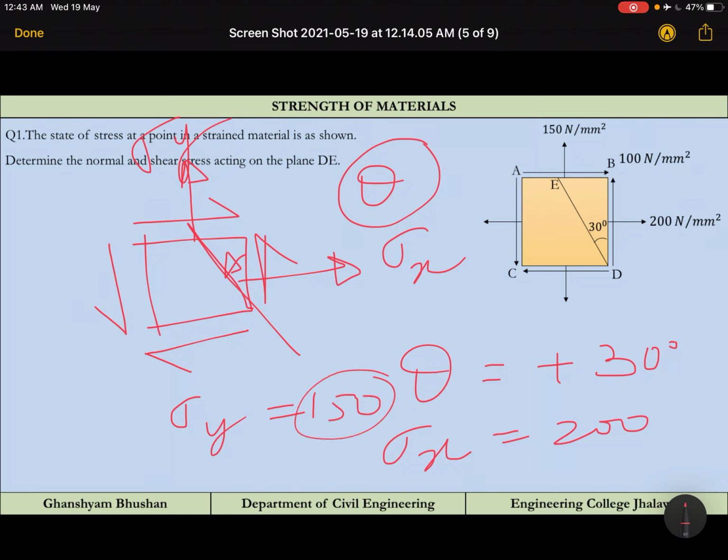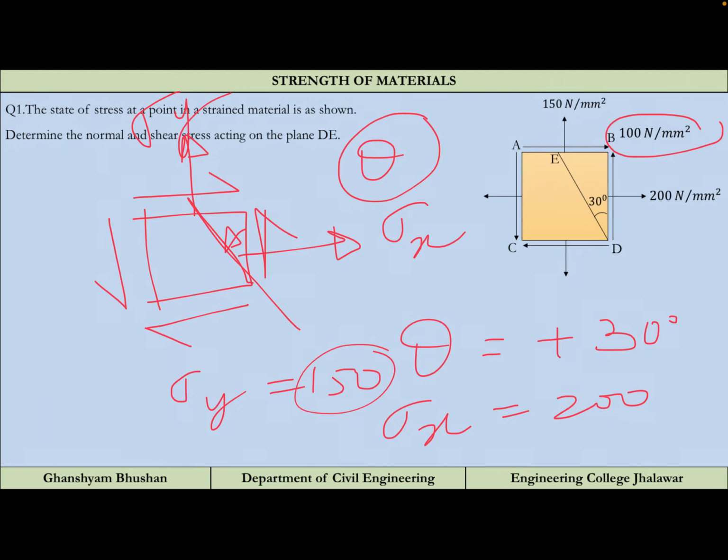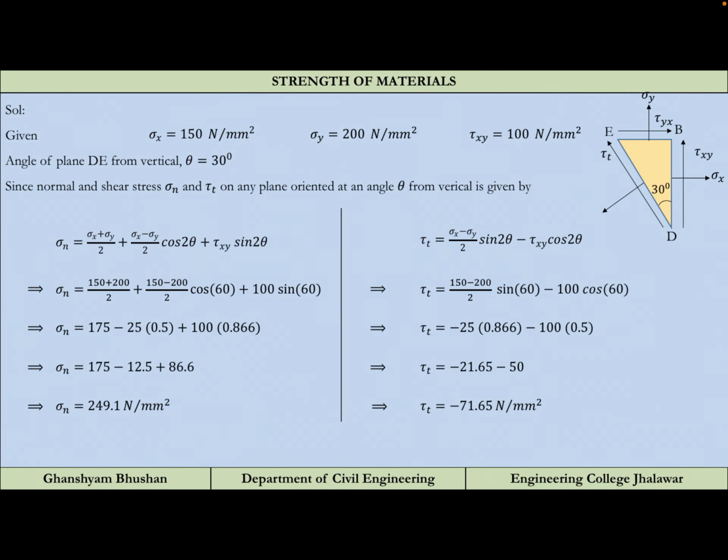The trickiest part is tau xy, but in this question you can easily compare, and tau xy is also positive, so no need to worry, you can directly apply the formula. But first, before applying the formula, again and again I'm telling you what you have to do. You have to compare the state of stresses provided in the question to the state of stresses for which you have derived the formula.